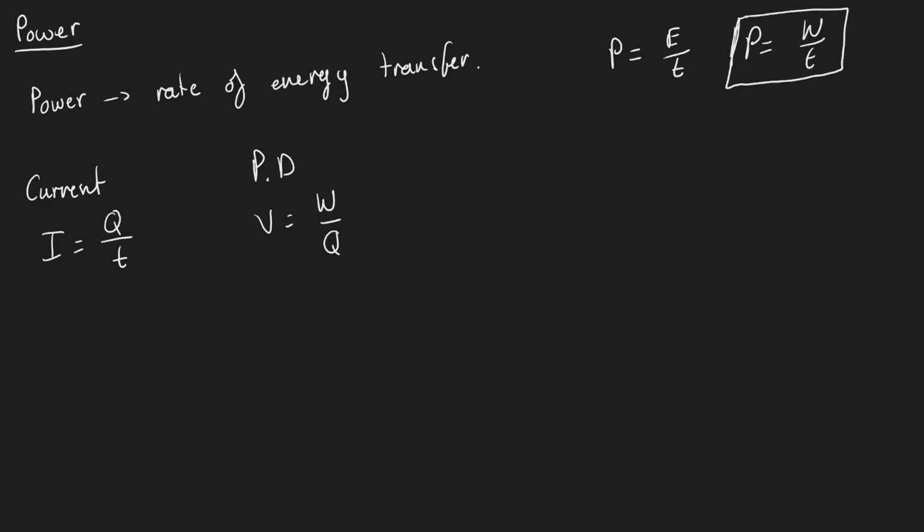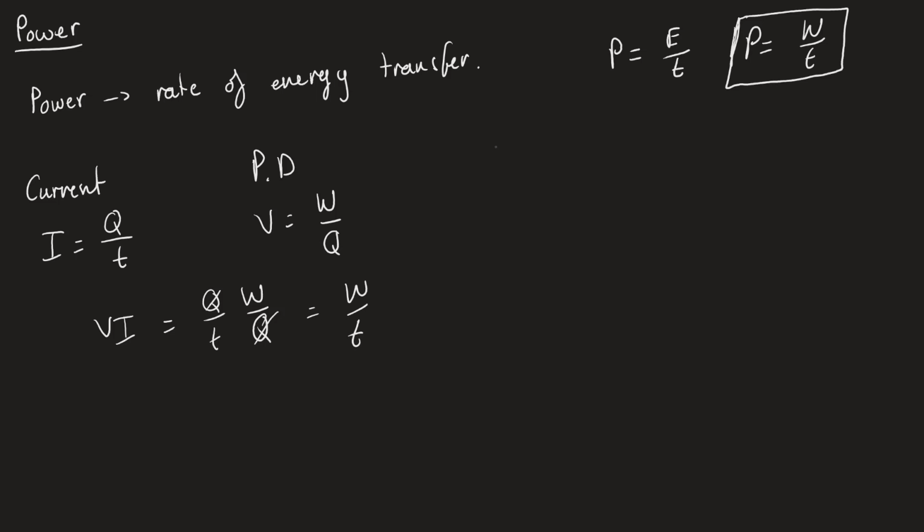Now, how do we get W over T out of Q over T and W over Q? Well, if we multiply them together, if we do V multiplied by I, we get Q over T multiplied by W over Q. The Q's will cancel, and then we get W over T.